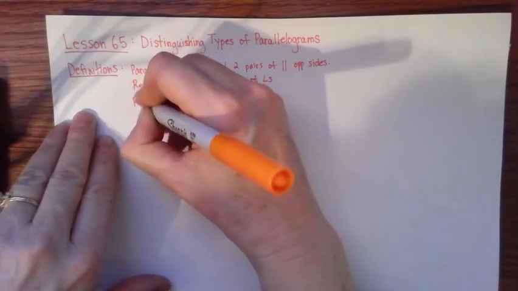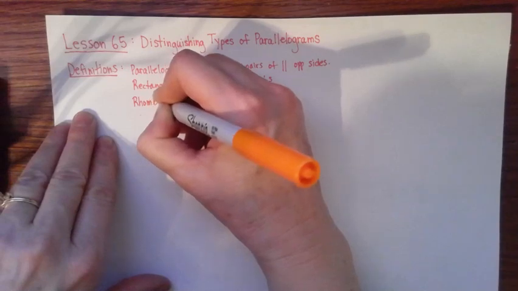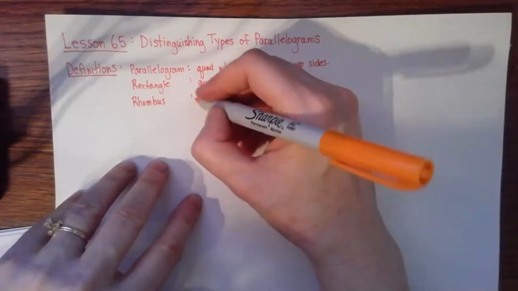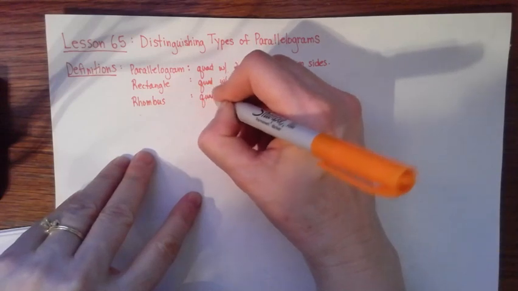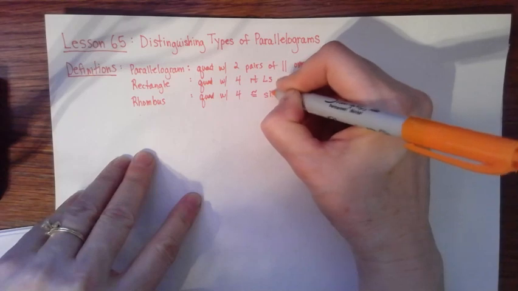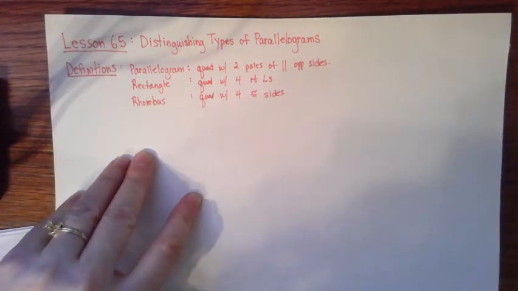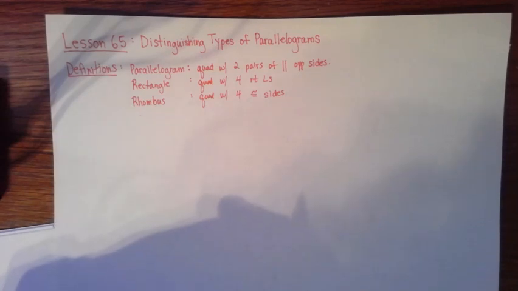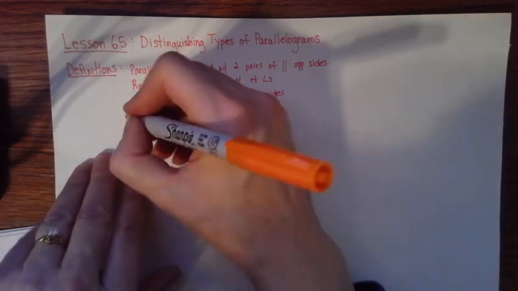A rhombus is a quadrilateral with 4 congruent sides. Okay, that's all we know. Again, we know some other properties, but that's not part of the definition. It's just got 4 congruent sides.